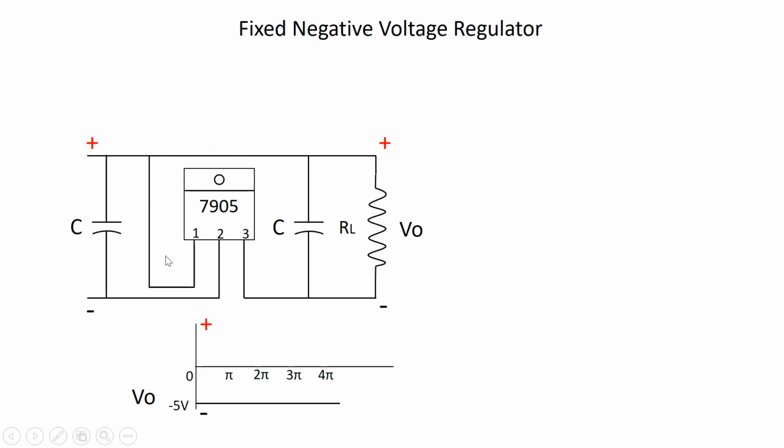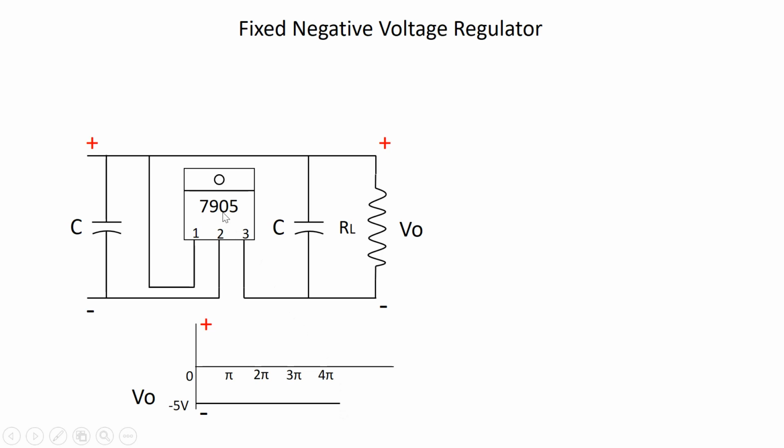After passing through this voltage regulator IC, the output supplied to this load resistance has constant negative voltages with no fluctuations in its magnitude.